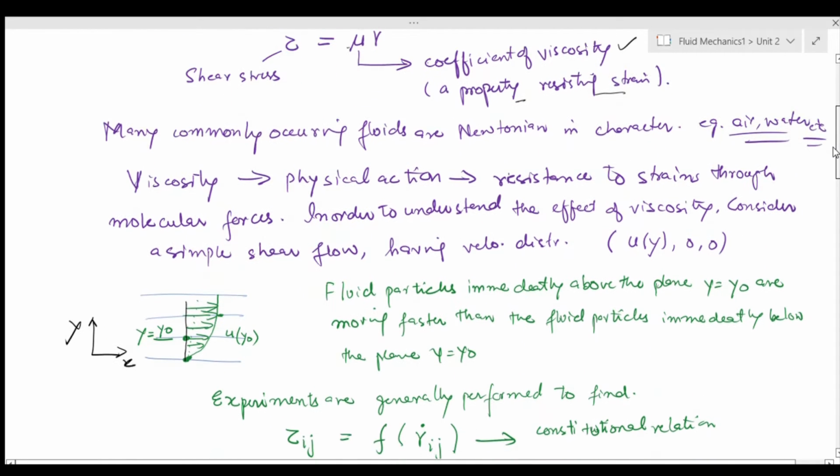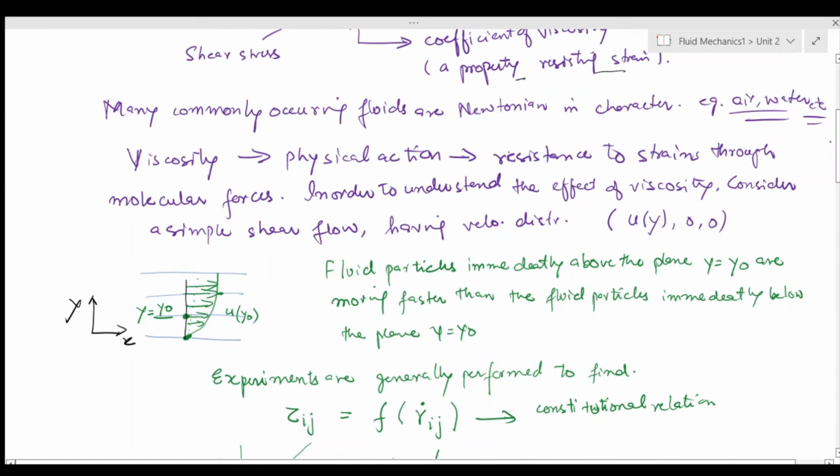In order to understand the effect of viscosity, let us take a thought experiment. Consider a simple shear flow having a three-dimensional velocity distribution, such that the x component u velocity is dependent on y, and v and w components are 0.